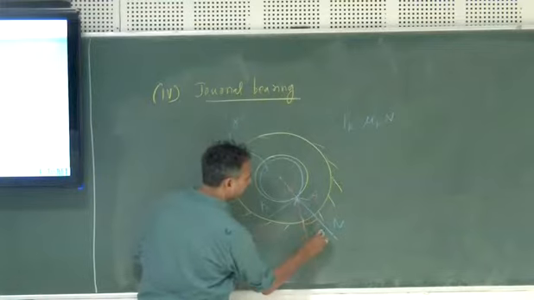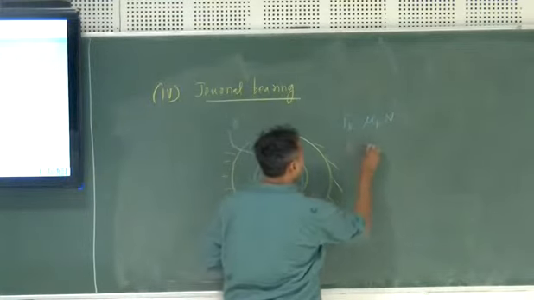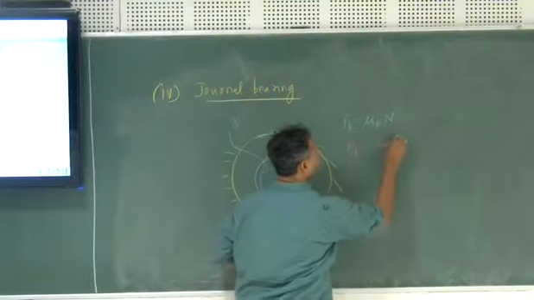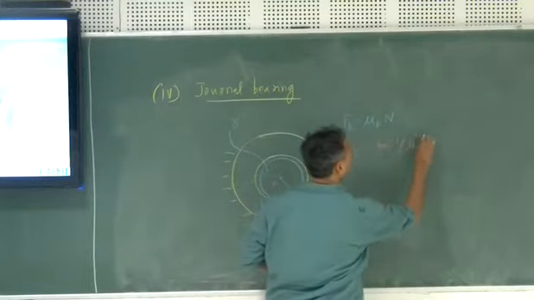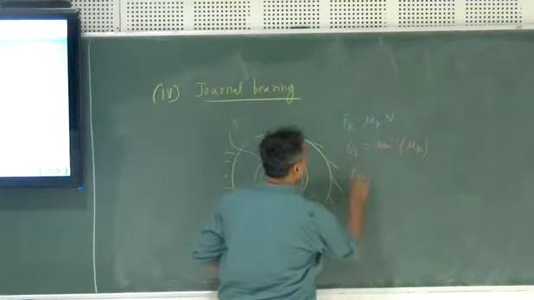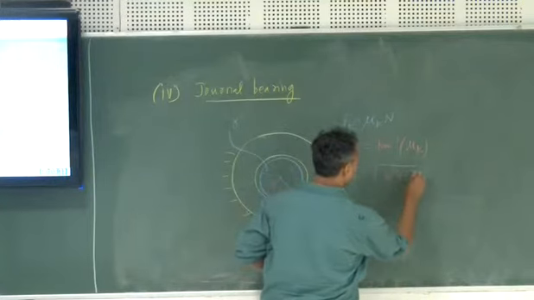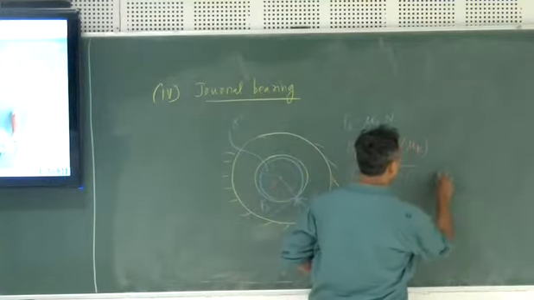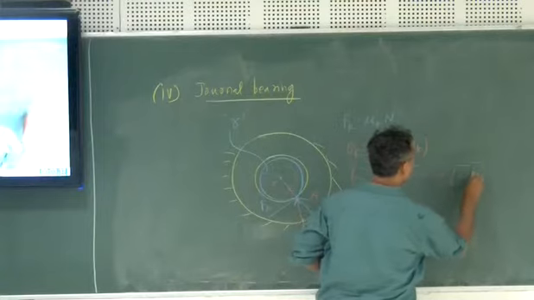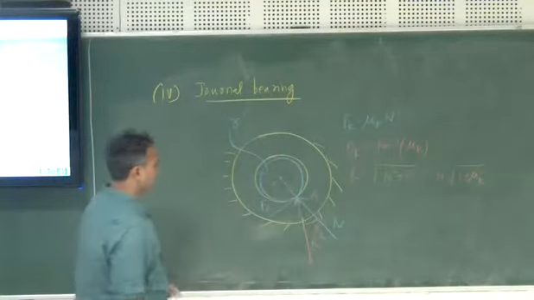Let us say this is called theta k. So theta k is nothing but tan inverse mu k. This is what we found. And R is the resultant of N square plus F square, which is nothing but N under root 1 plus mu k square. Okay, this is what is your R.